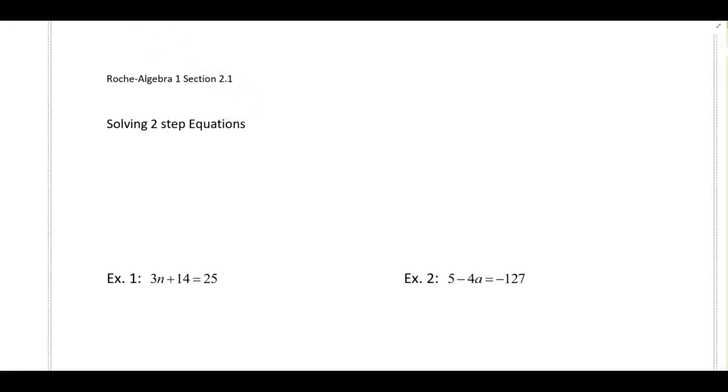So when we solve equations, our main goal is to get the variable by itself, okay? Now, what I like to do is we're going to write down the steps for all of these and then come back to them.